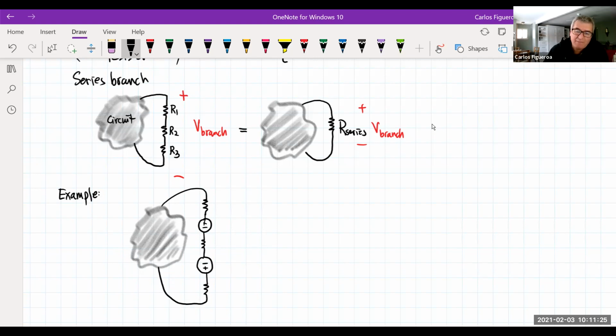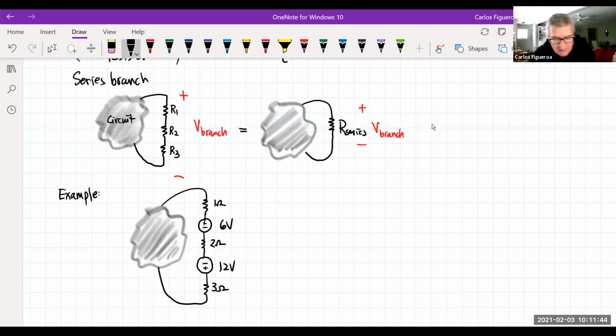And let's say this is my branch here. And so what I'm going to do here is I'm just going to give these guys some arbitrary values. I'm going to say this is 1 ohm, 2 ohm, 3 ohm. And I'm going to call this guy 6 volts, and I'll call this guy 12 volts.